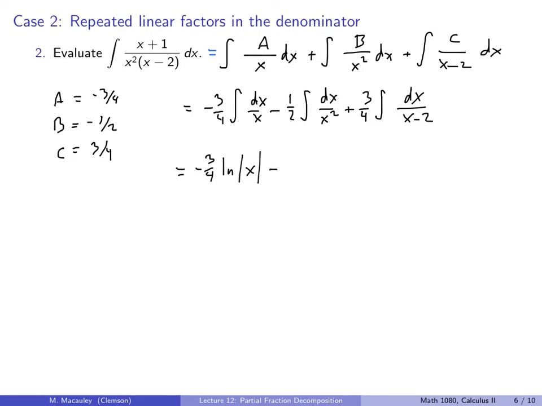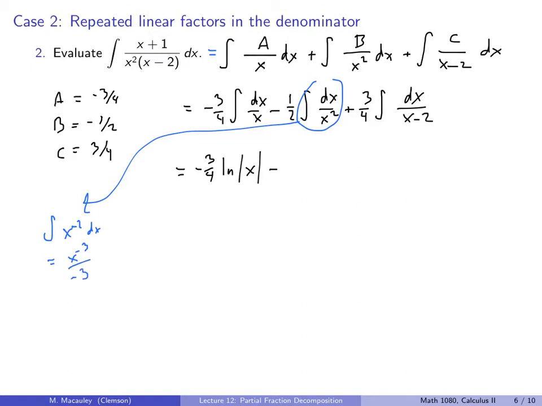The second term, let's remind ourselves what this is. This is the integral of x to the negative 2 dx, which is equal to negative 2x to the negative 3. Oh no, that's not right. I'm sorry, I did the wrong one. That is x to the negative 1 over negative 1.